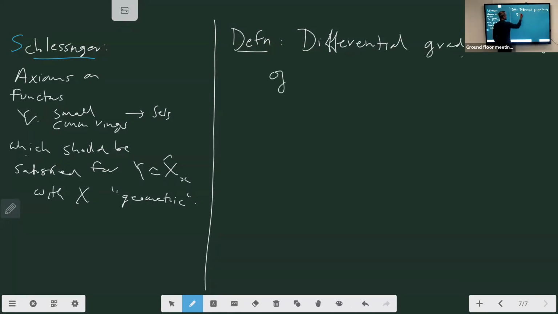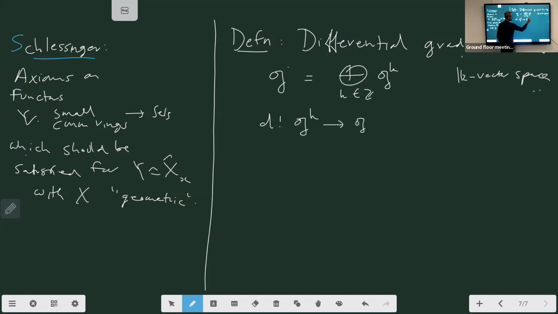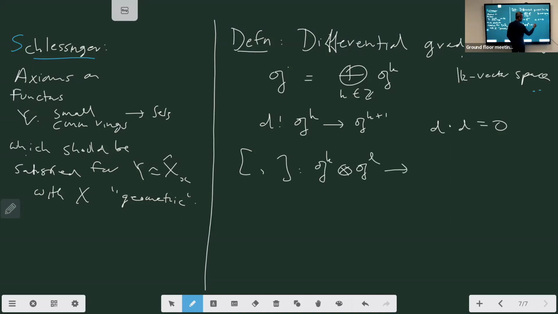This is some G, which is a direct sum, let's say of K vector spaces, a graded K module, with a differential d mapping g_k to g_{k+1}, d squared equal to 0, and a bracket going from g_k tensor g_l to g_{k+l}, satisfying some axioms.